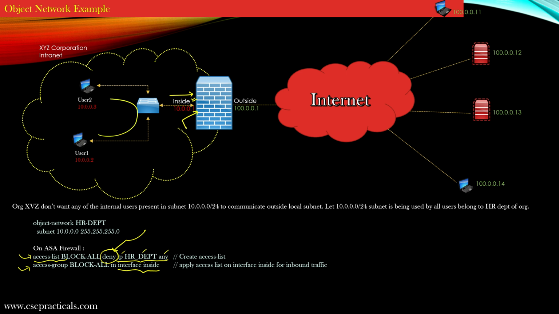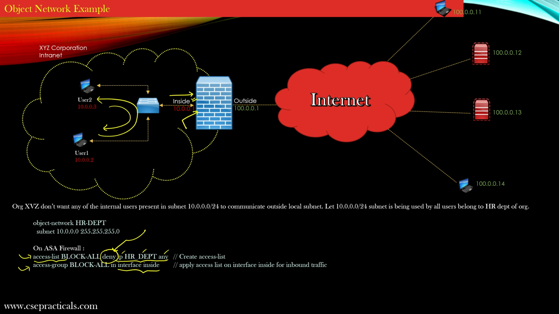The users can communicate with each other internally because the packet need not go to the firewall for the users to communicate with each other internally. But as soon as any of the internal users of the HR department wants to communicate with any other user outside the HR department, then the packet has to go to the inside interface of this firewall, and as per the access control list, the packet will be dropped.